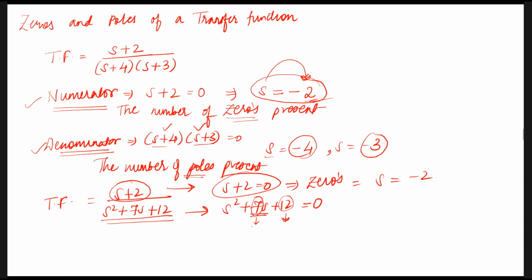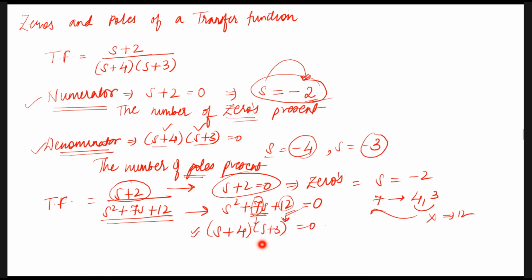So, in this case, if we break down 7 in 4 and 3, if we add these two numbers it is going to be 7, and if we multiply these two it is going to be 12, which is this number. So, here we will write s plus 4 and s plus 3 is equal to 0.